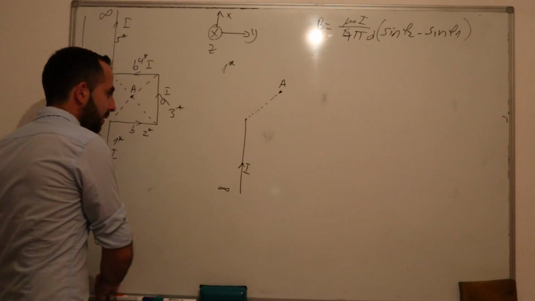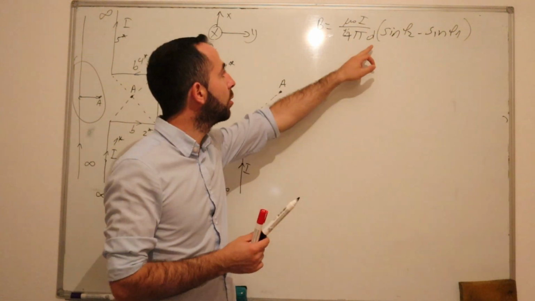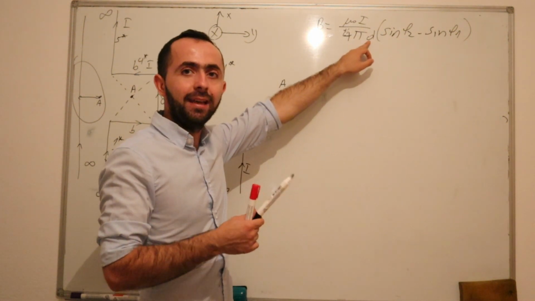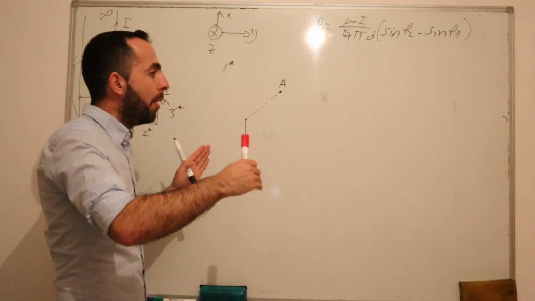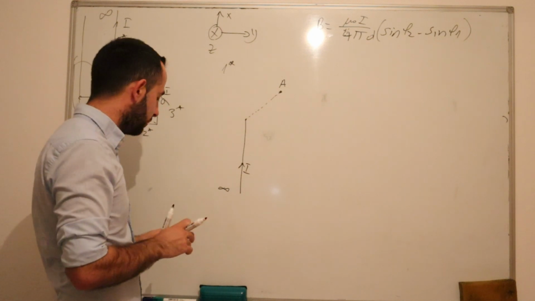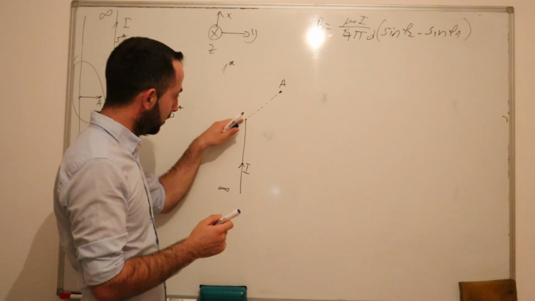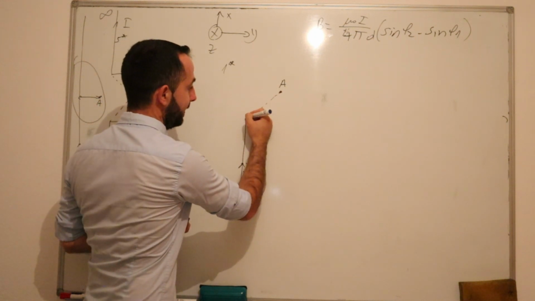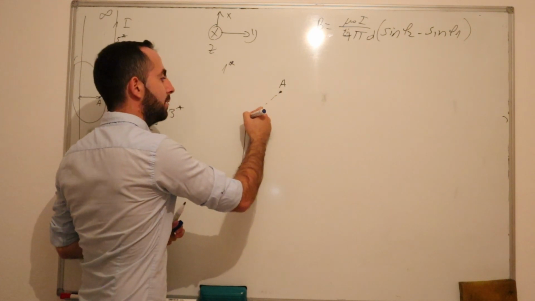So once again, one of the first things that you need to do is to draw this d, which presents the distance from the conductor, but in a way that this distance must be normal to the conductor. Here our conductor is ending, or beginning, but we will say ending.